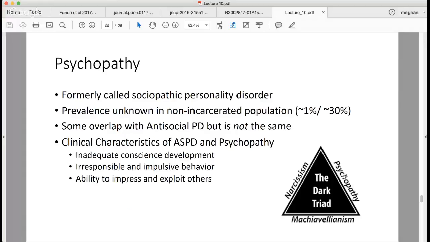However, when you start to break down psychopathy into different types of personality factors, you might see differences in the abuse of substances and some of these different types of behaviors, which I'll break down in a minute.